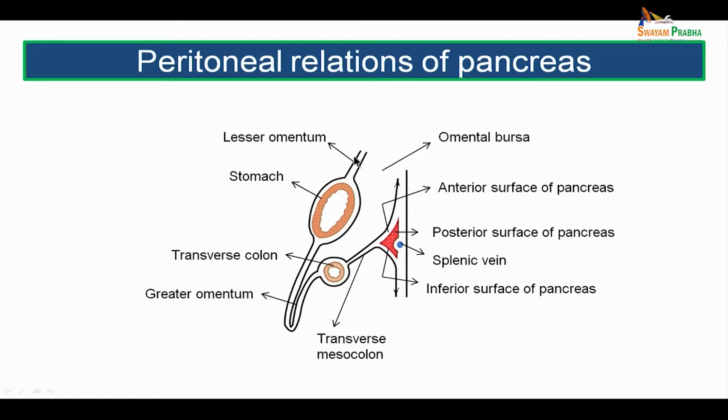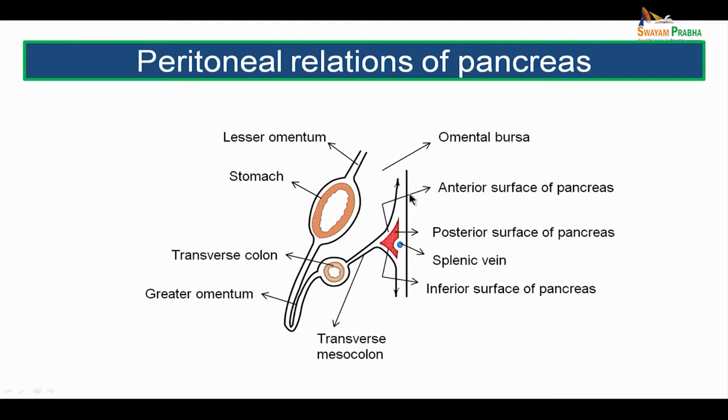What we see here anteriorly is the cut section of the stomach with its peritoneal relations, that is the lesser omentum, which splits into two along the surfaces of the stomach, and at the greater curvature again these two layers join, go down, fold on itself and come up, thus forming the greater omentum, which reaches the transverse colon, splits and encloses the surfaces of the transverse colon, and then we have the transverse mesocolon, which goes towards the posterior abdominal wall.